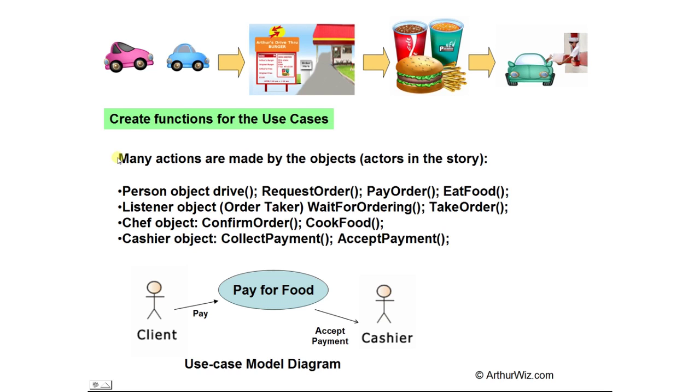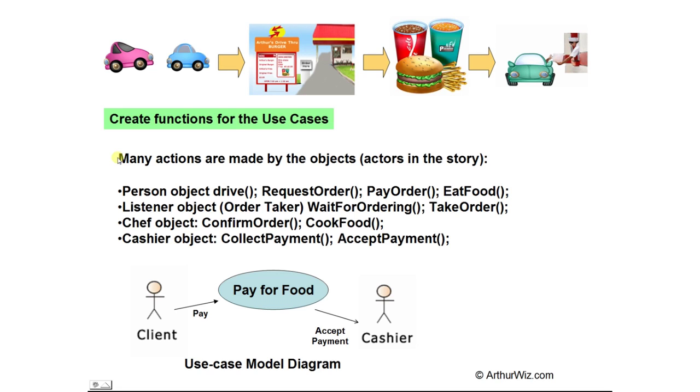And there's the chef object, who can confirm the order() and cook food(). And the cashier object can collect payment() or accept payments(). And notice there's a parenthesis around the verb I'm using because that's the function designation.